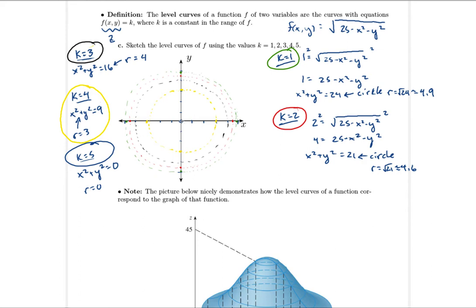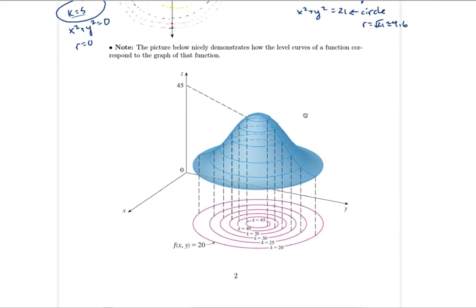Now the way to interpret this is that level curves give you a curve where, in the domain, in the xy plane, the z value does not change for the function. Okay, that's why it's called a level curve. It stays level in terms of z values. So a nice picture to go along with this is down here.